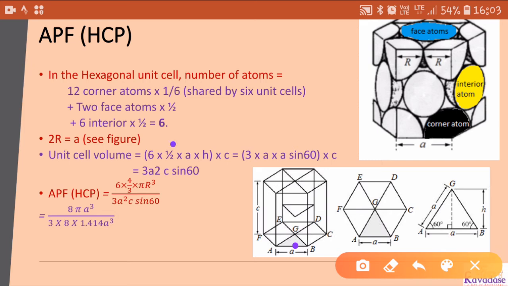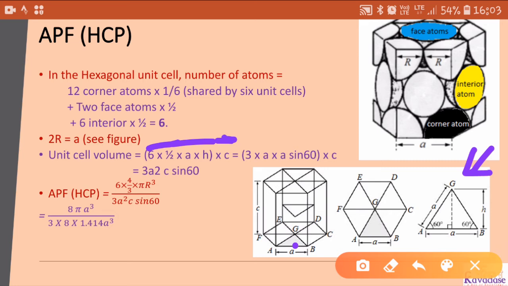We have calculated half into A into H. If you see in this figure, the area of this triangle can be calculated as half into A into H, and if I multiply with 6, then I will get the total area of these six base triangles, and if I multiply with C, then I will get the complete unit cell.